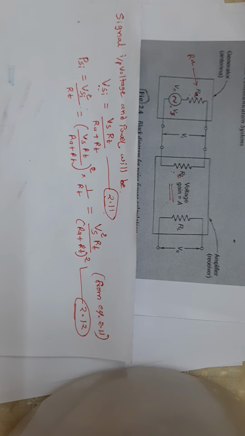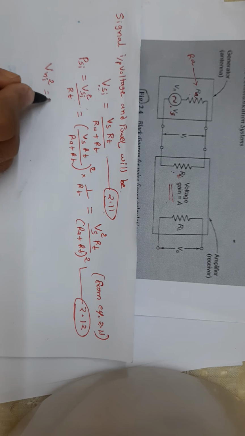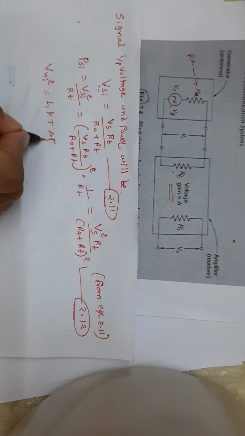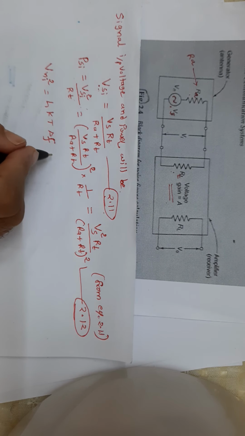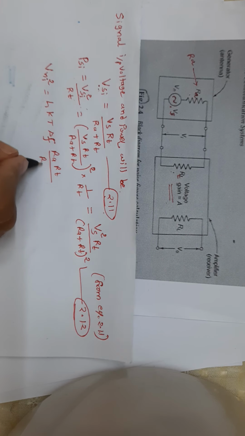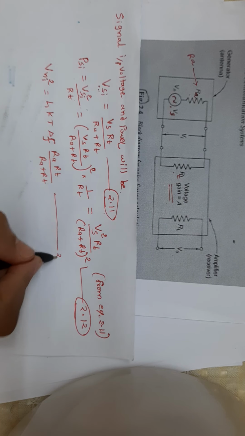Similarly, the noise input voltage and power will be VNI square is equal to 4 kT delta F into RA RT upon RA plus RT. This is your 2.13.